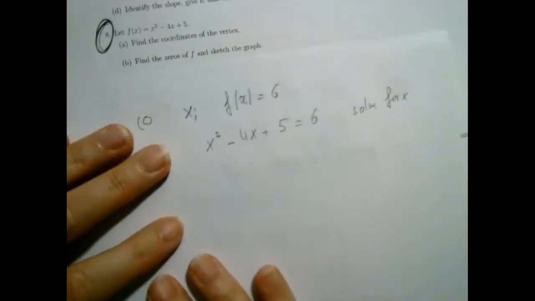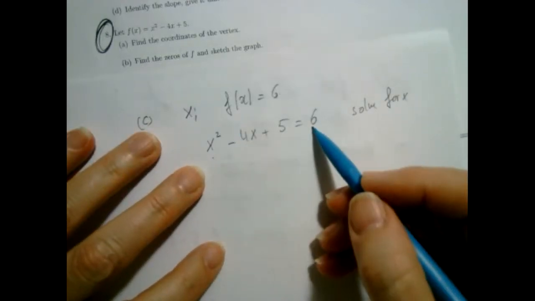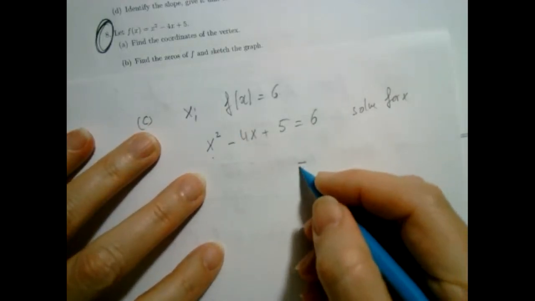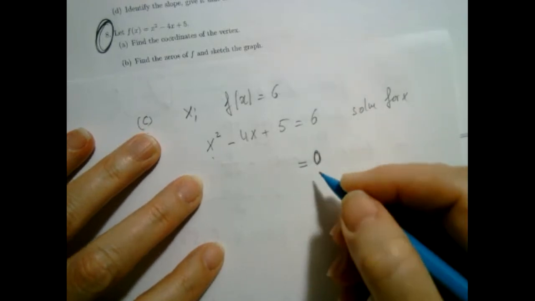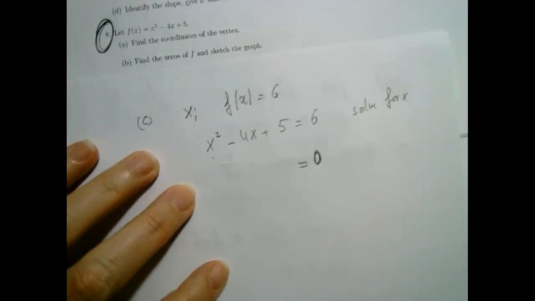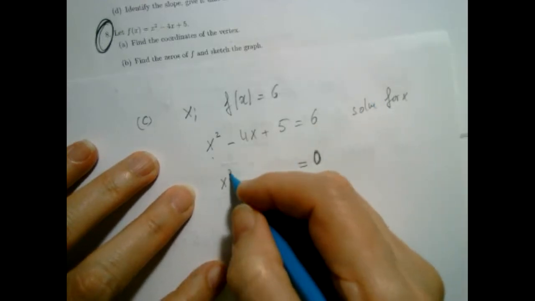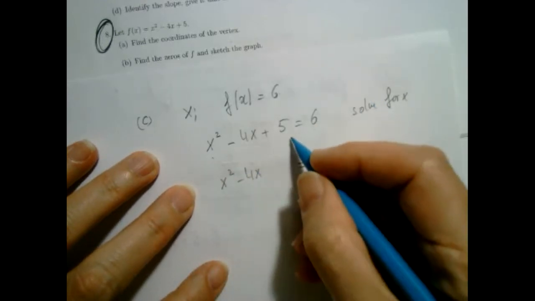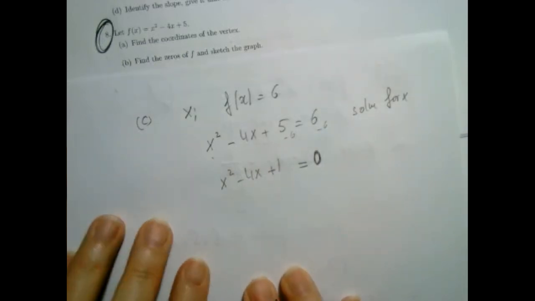Now, whenever you have a quadratic and you want to solve it, I told you that in class several times, you make one side 0 and you put everything on the other side. To make this side 0, I have to take away a 6 from both sides. So if I take 6 and 6, I'll be left with 1.